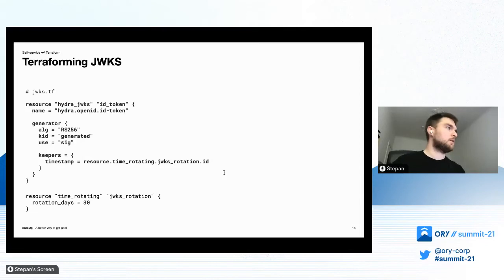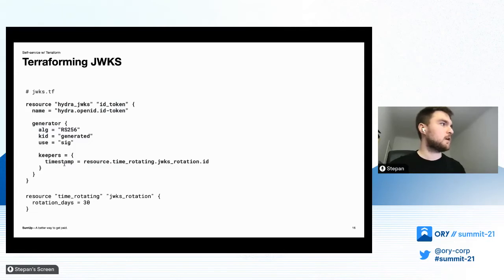And about JWS. As I said, you can use Hydra as PKI infrastructure serving your keys. And the biggest topic when you have PKI infrastructure is how do you actually rotate keys? If you noticed, recently Terraform introduced a time provider. And you can, for example, say that I want to rotate keys every 30 days.